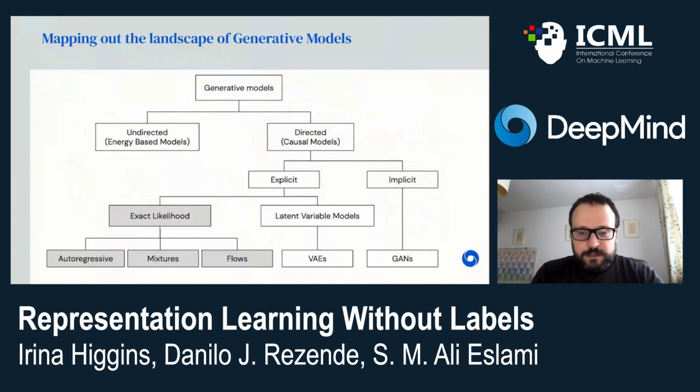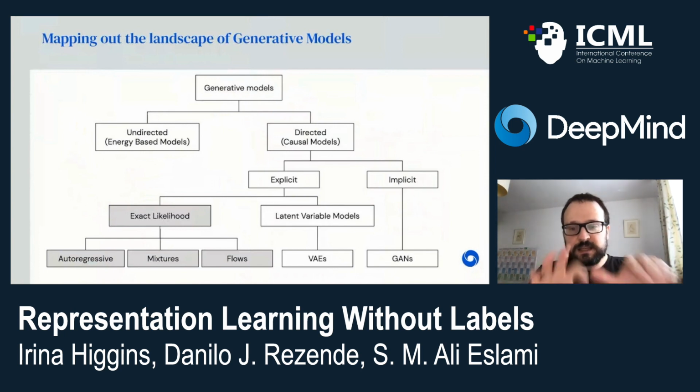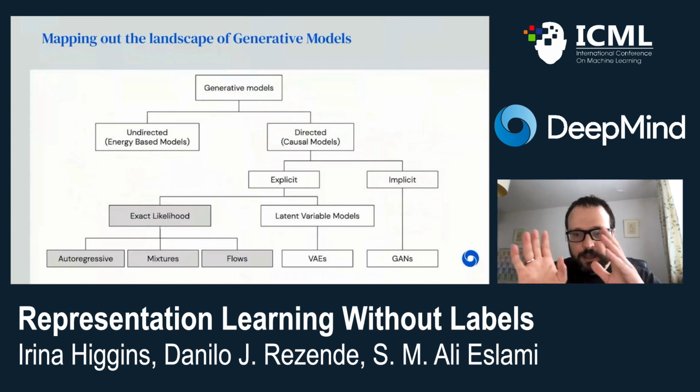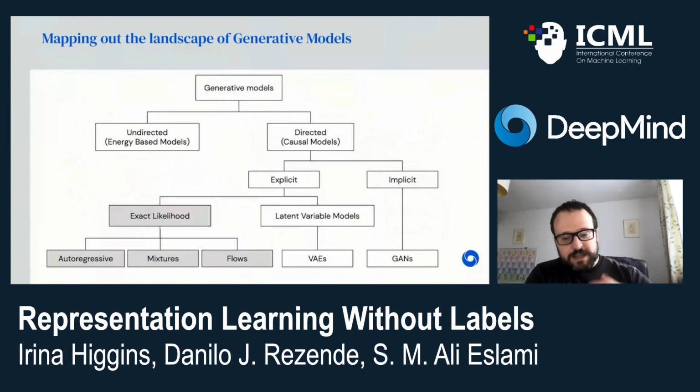Directed models can be further broken down into two major classes: explicit and implicit models. Implicit models are models that provide a sampling mechanism, but do not have an explicit or cheaply computable likelihood function. Explicit models, on the other hand, provide both a sampling mechanism and the likelihood function. And you can further break this class into two kinds of models.